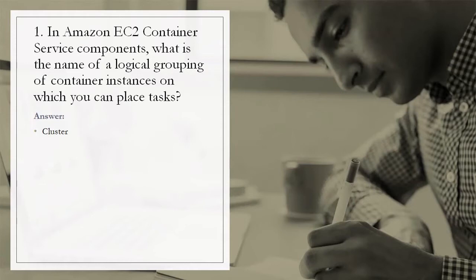Amazon ECS contains several components. First is the cluster. A cluster is a logical grouping of container instances that we can place tasks on. A container instance is an Amazon EC2 instance that is running the Amazon ECS agent and has been registered into a cluster. A task definition is a description of an application that contains one or more container definitions.